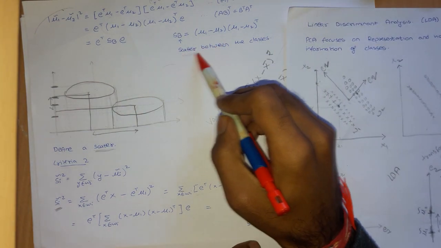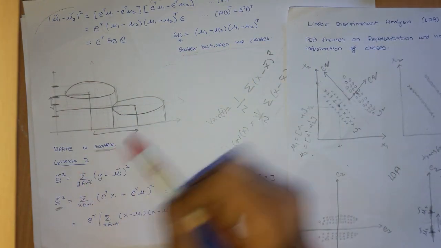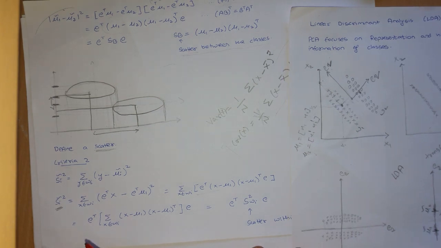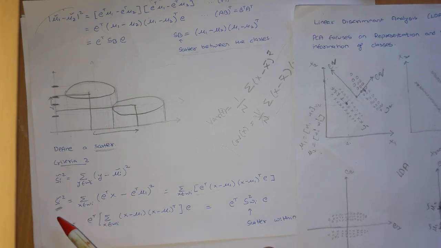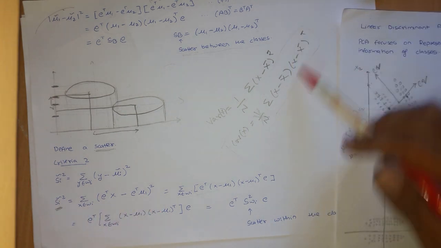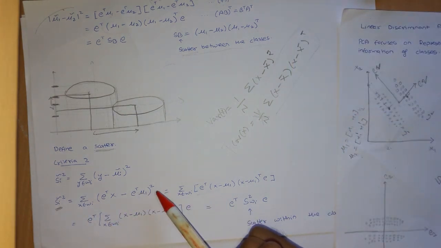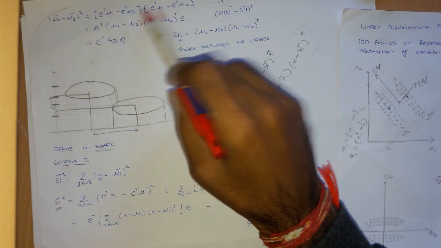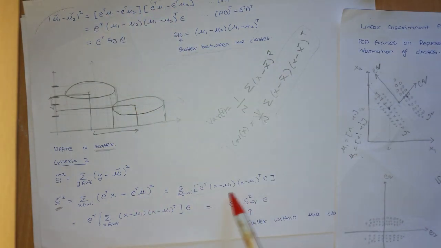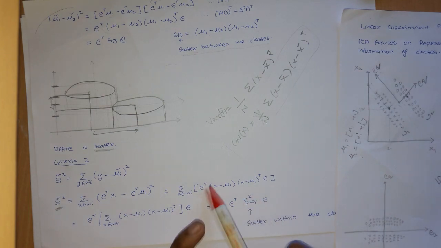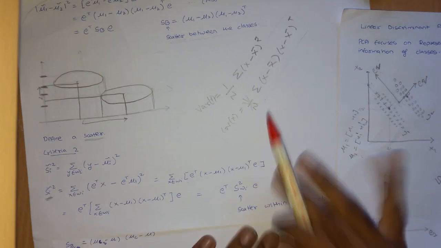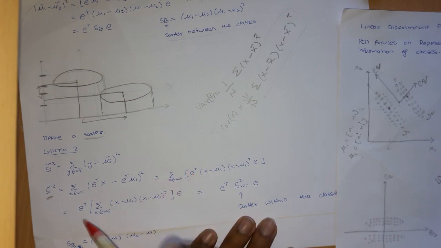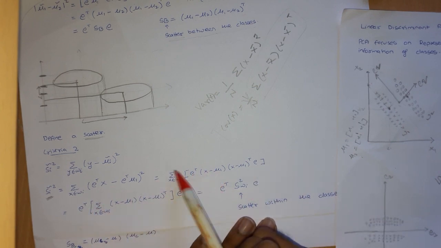Also, this is the scatter between the classes, and this is just scatter. Please don't get confused with the names. So s i tilde square is nothing but this thing which we have defined over here. The same thing we can do from here. We can break this like this, and take E transpose outside, and E comes out over here, because it is independent of the summation.